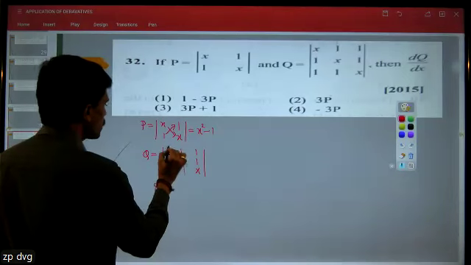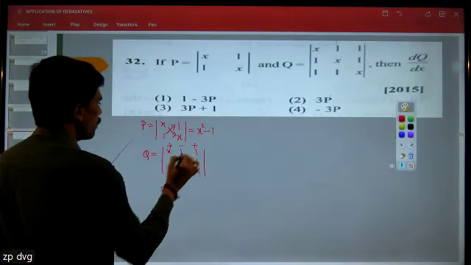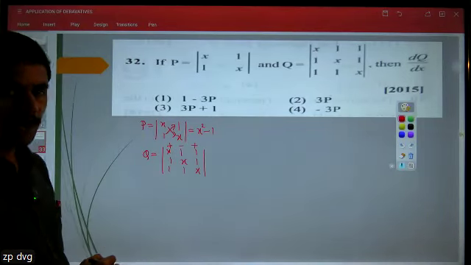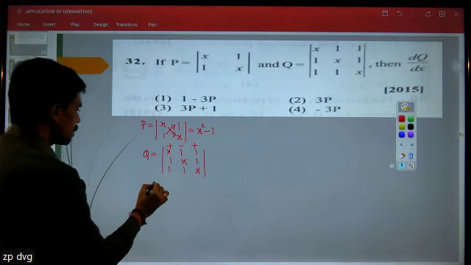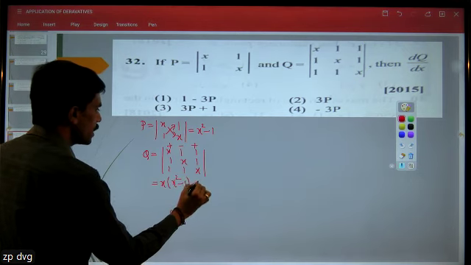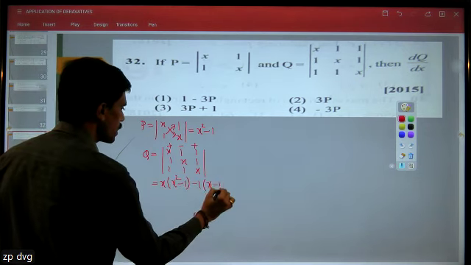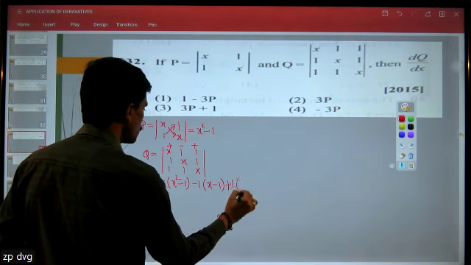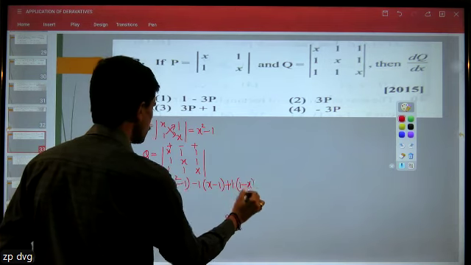If we expand this determinant along the first row, we get x into x square minus 1, minus 1 into x minus 1, plus 1 into 1 minus x.